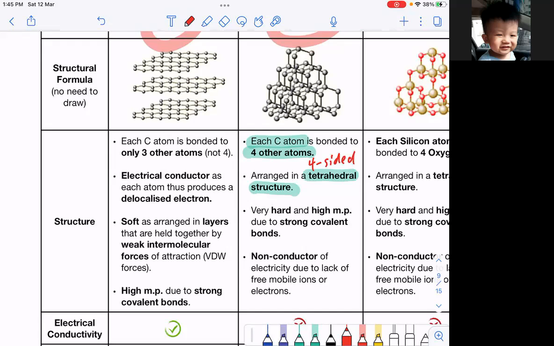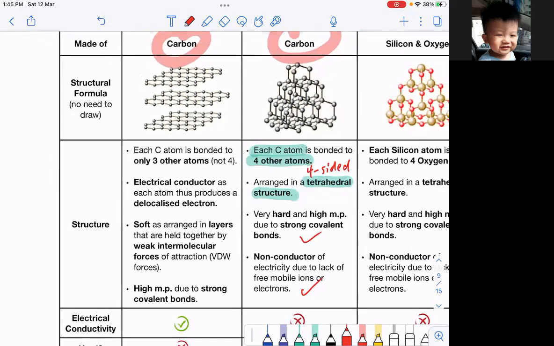Okay, please copy down. Tetrahedral means 4-sided. Because each carbon connects to 4 carbons, everybody will be 4-sided. So the word is tetrahedral. We talked about this already. High MP, and it's a non-conductor because there are no spare electrons dangling around. So diamond is quite straightforward.